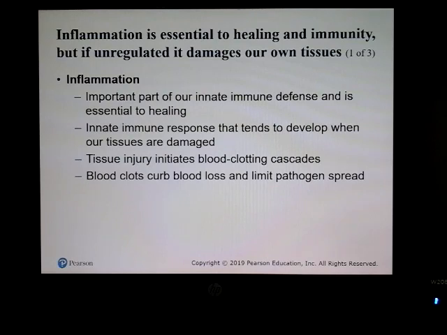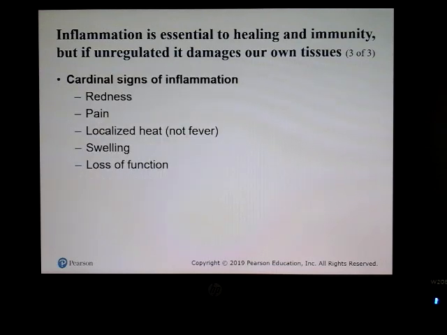Now, in our bodies, when we are exposed to something or there's any kind of trauma, a lot of times inflammation occurs. So a lot of different things happen when our tissues are damaged or hurt. It doesn't matter if we scratch ourselves, if you get an infection, whatever, inflammation can occur. So how do you know if you've got inflammation?